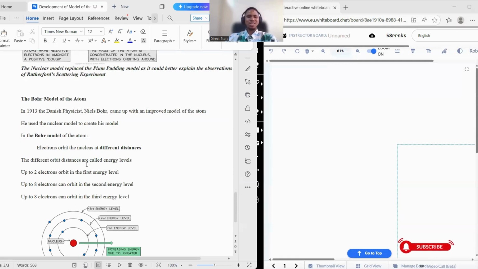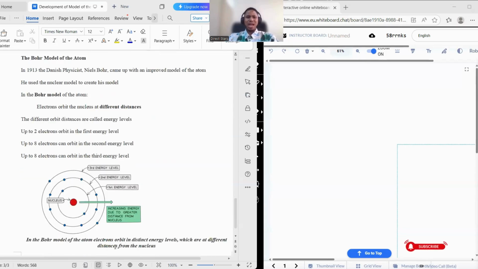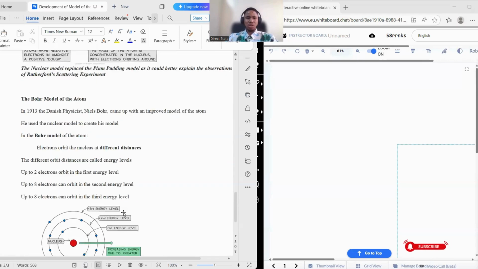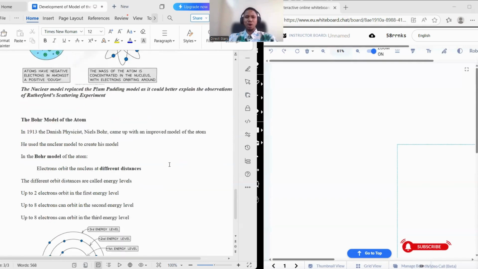The different orbit distances are called energy levels, with up to 2 electrons in the first, then another 8 electrons, and after that, another 8 electrons. So in Bohr's model, electrons orbit in distinct energy levels, which are at different distances from the nucleus. Here we come across the number of electrons per level, where we have 2 for the first orbit, then 8, 8, 16, 18, and so on. This is the Bohr model.